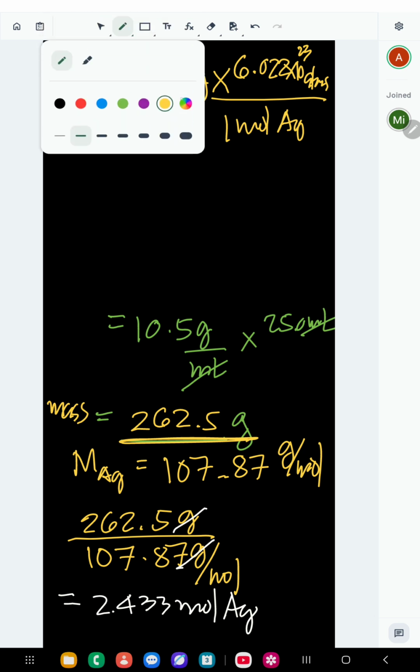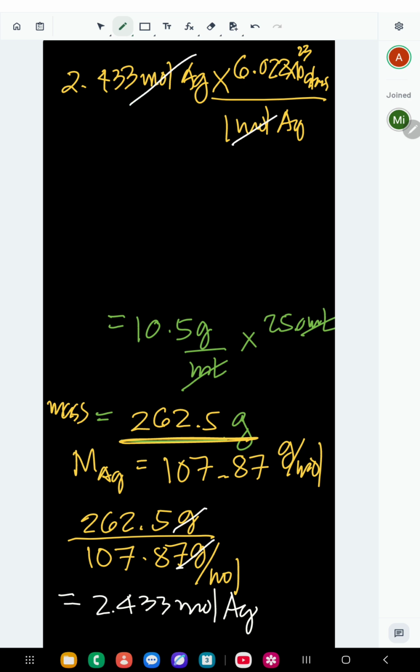We'll be left with atoms because the mole unit here cancels out. So what is 2.433 times 6.022 times 10 to the 23rd? What do you get?